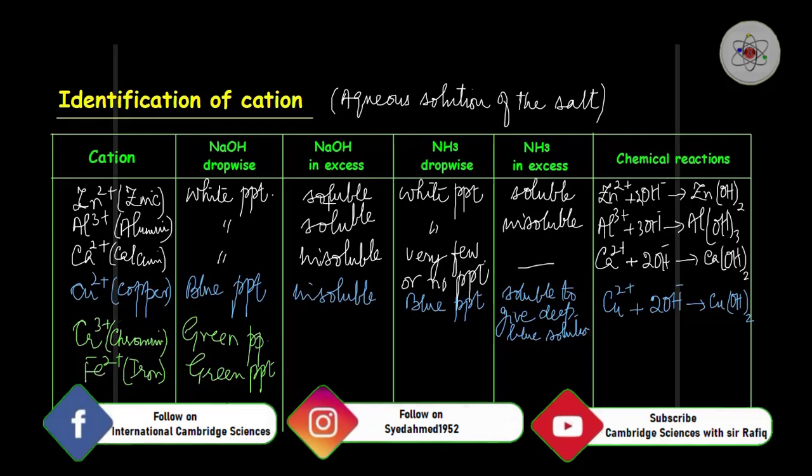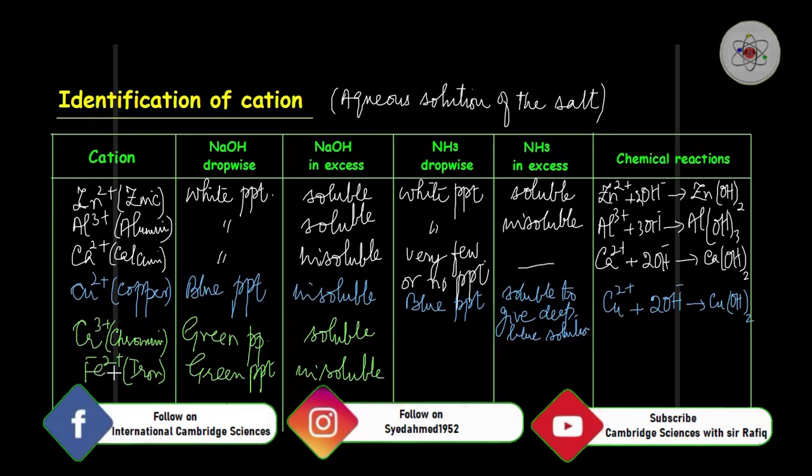So what is the difference between chromium and iron? We get it in the very next step, because chromium is soluble, giving a green solution in excess sodium hydroxide, whereas Fe2+ is insoluble.